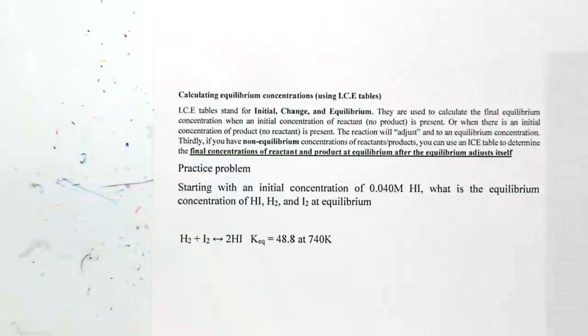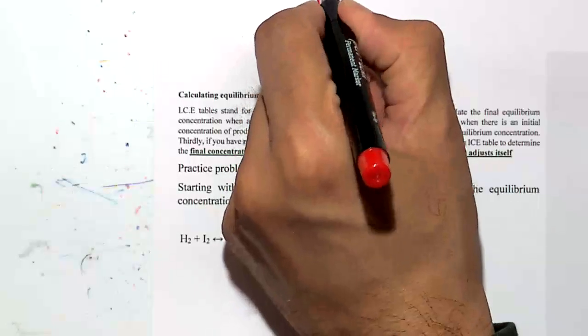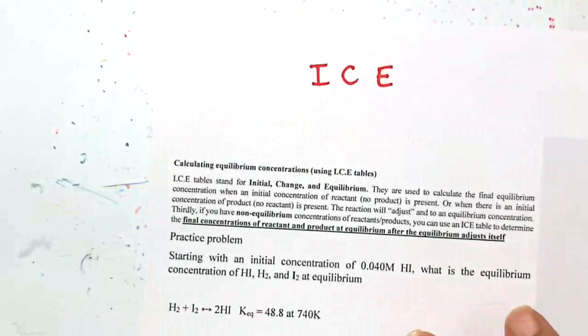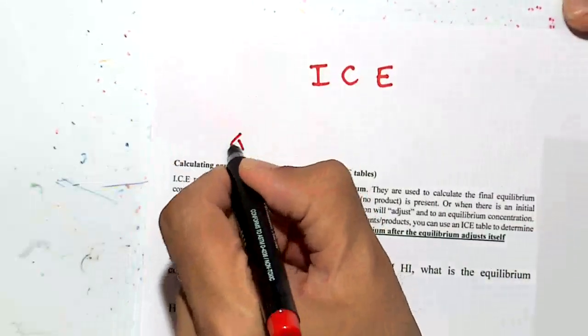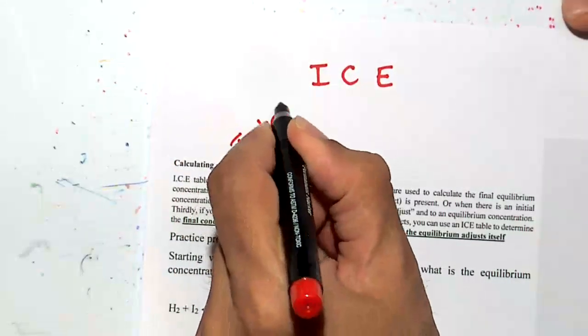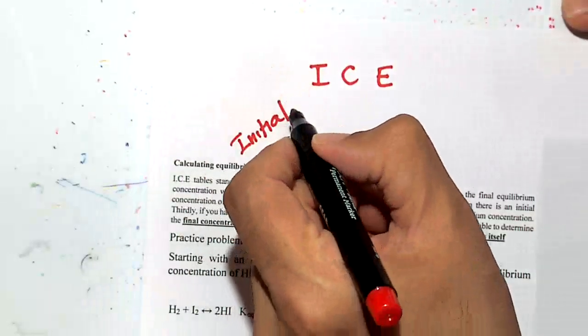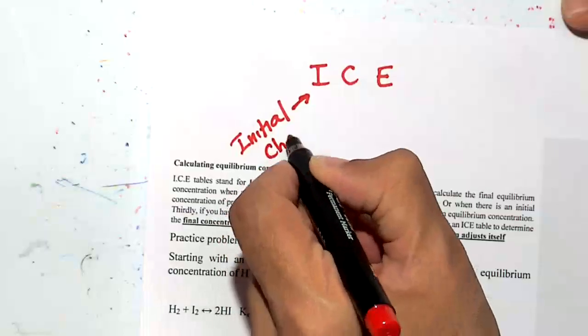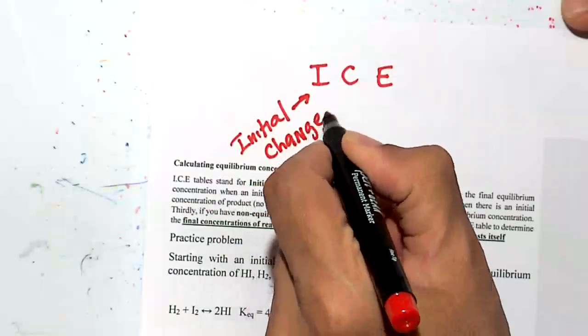All right, so ICE table. Okay, the I in ICE stands for initial. The C in ICE table stands for change.